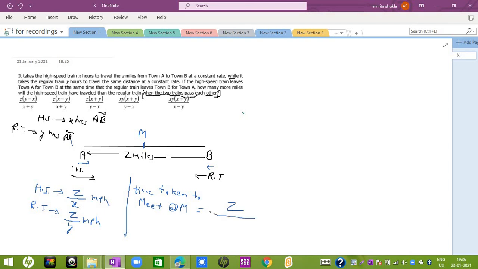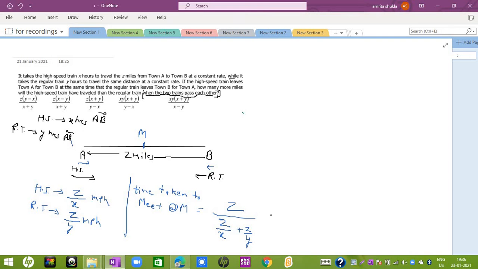But since they are traveling in opposite directions, their speeds are going to be added. So what will be the speed? It will be the speed Z by X plus Z by Y. You are going to add their speeds there.